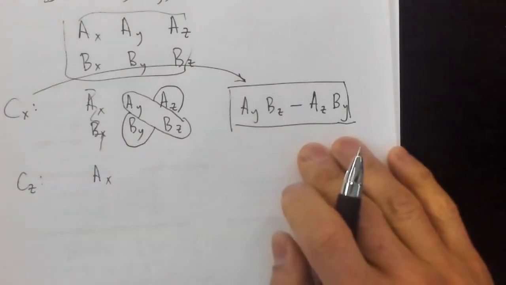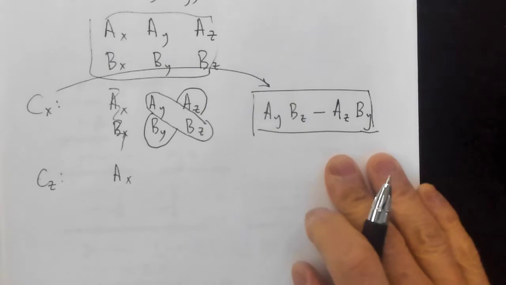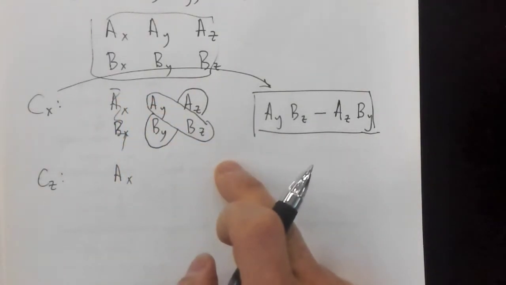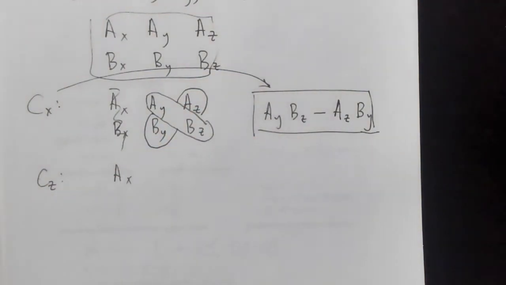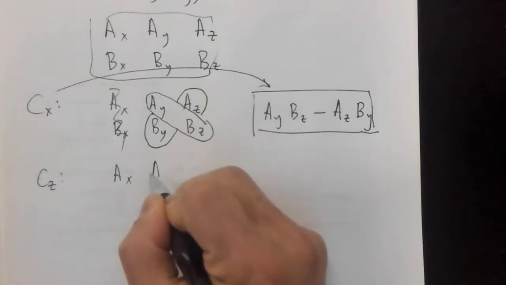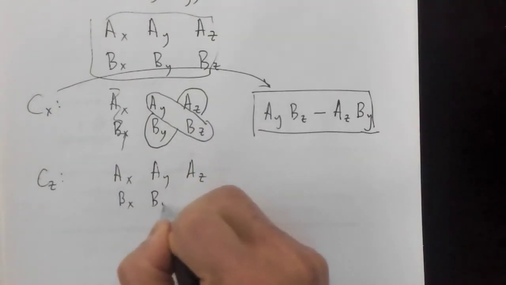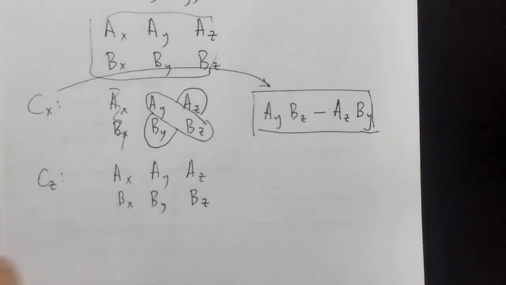But any questions on CX? Everybody got that? Just multiply these things going from left to right down, and then the other way, the off diagonals with a minus sign. Okay, now I'm going to do AX, AY, AZ. Again, copy BX, BY, BZ. And now to get the Z component of C, cross product, you do the analogous thing.